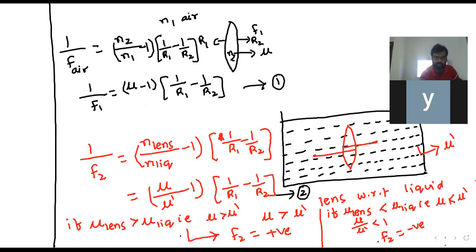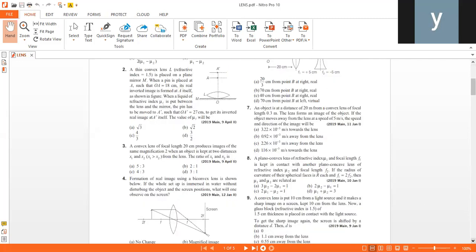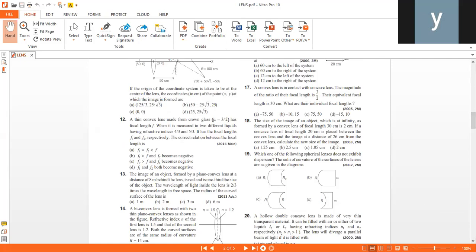Now you can see on this lens theory. All this is on the lens theory. Did I send this one? The lens theory document.